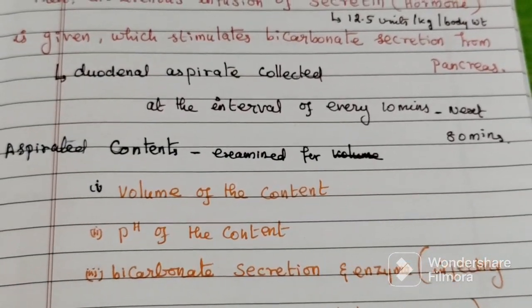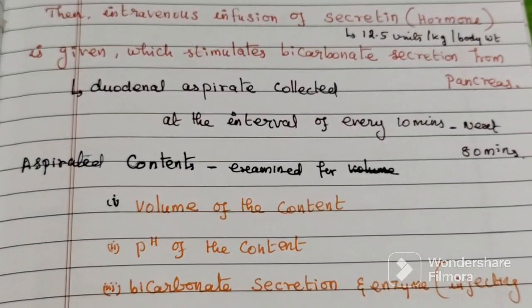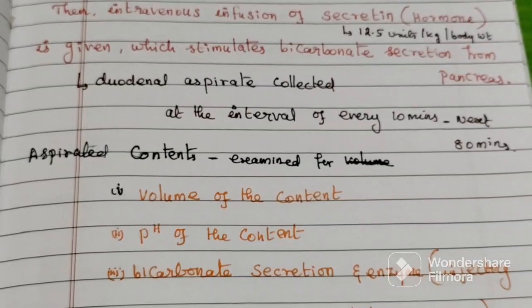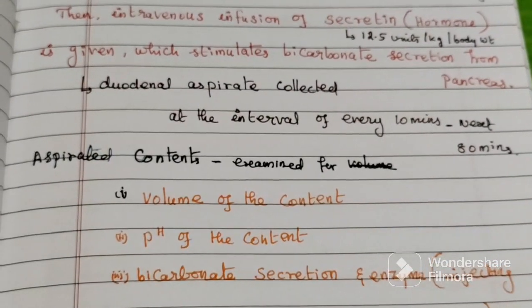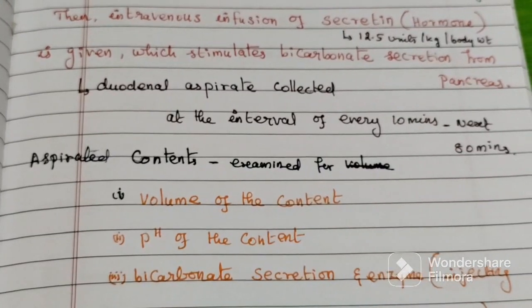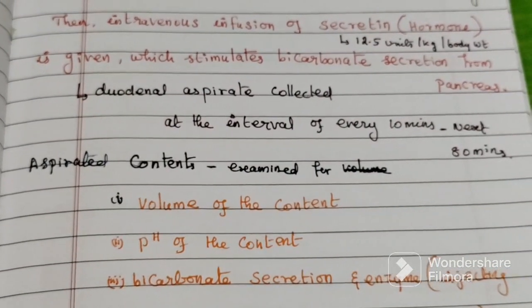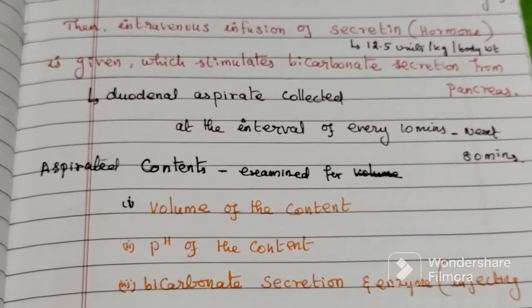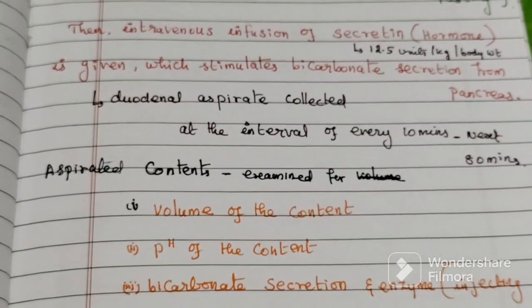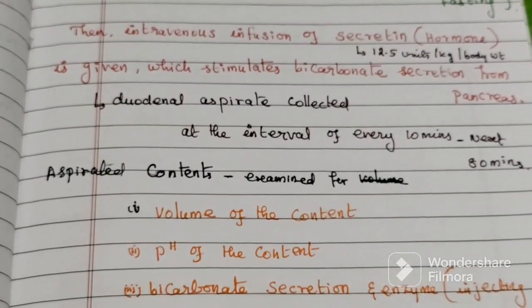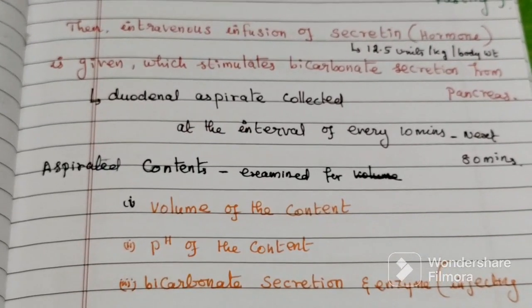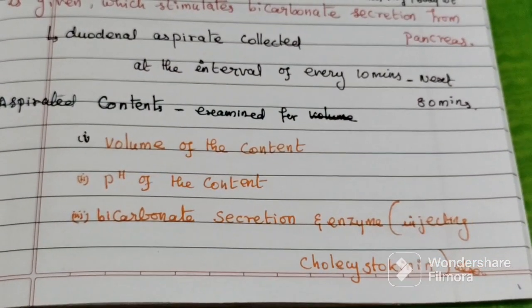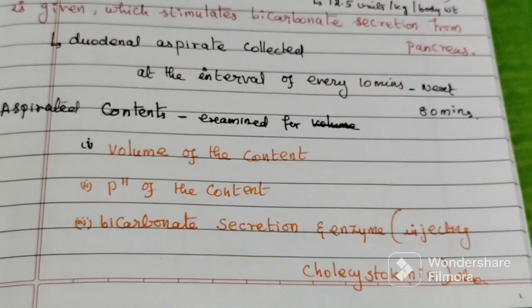These aspirated contents are examined for volume, pH, bicarbonate secretion and enzymes. For the enzymes, we inject cholecystokinin.